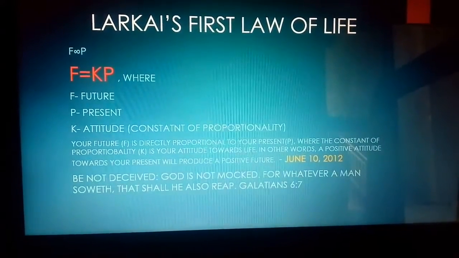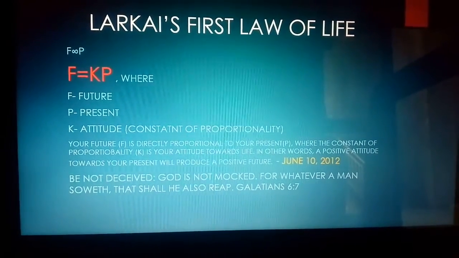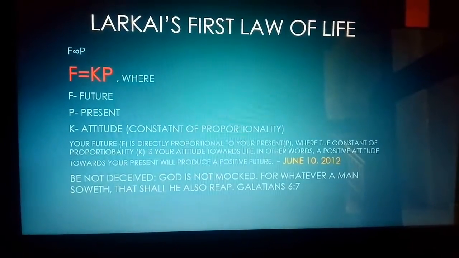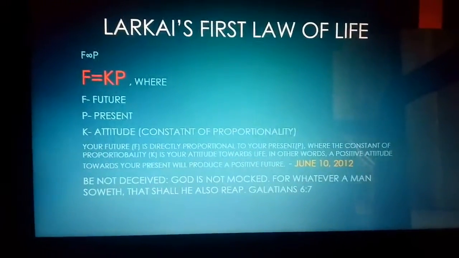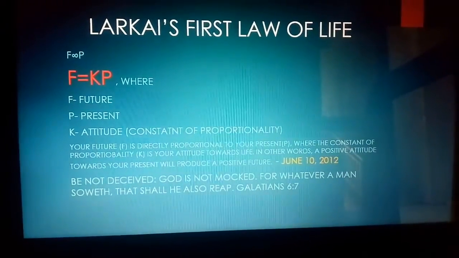So, like stated mathematically, your future is directly proportional to your present, where the constant of proportionality is your attitude towards life. Okay, so let's quickly move on to equation number 2.